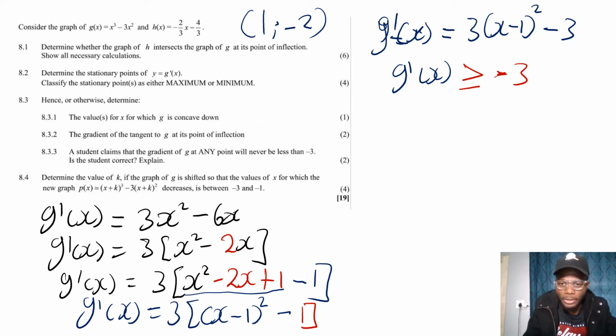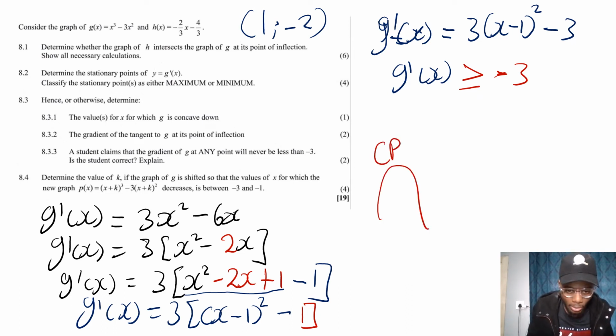So indeed, that negative 3 is our minimum gradient, because I told you we must get our q, and it's negative 3, because the value of y at the turning point for a parabola always determines whether it's a maximum or a minimum. Let me use numbers so that it can be simple. Let's say we are having 1, 3.